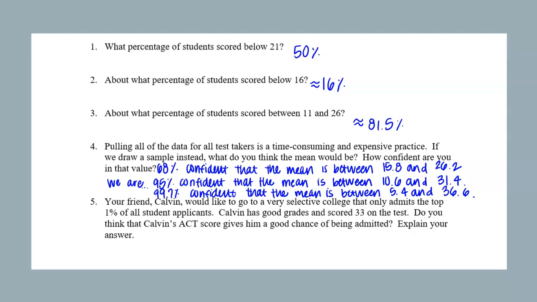In order to answer this question, we could say he's close, but we're only able to approximate it right now. Like I mentioned earlier with questions 2 and 3, we need some kind of better tool other than just the empirical rule in order to answer it as accurately as we can. In other words, we need a tool that will allow us to find exactly what percent of students Calvin is above by getting a score of a 33.